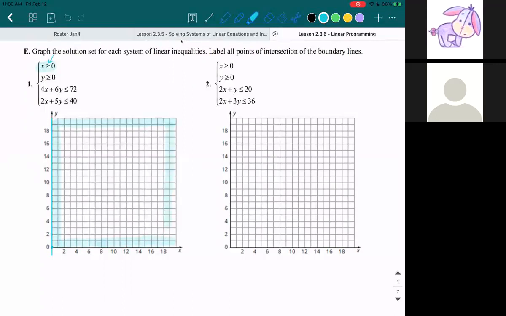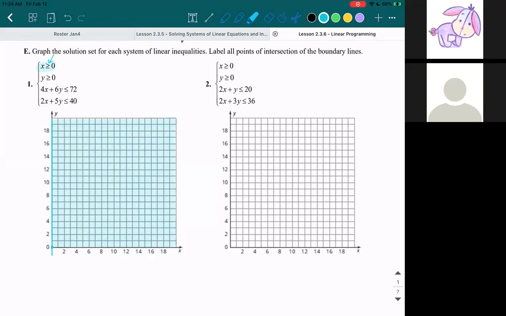Shading to the right. Takes a while. So essentially, I just shaded the entire graph. I know. But I'm shading everything to the right. Okay. Cool. So that's shaded.